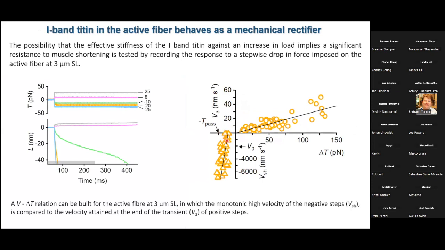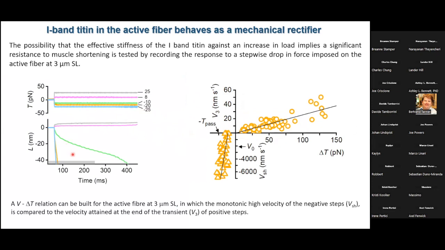Now, whether this active stiffness increase in titin in response to an increasing load implies a resistance to muscle shortening is tested by recording the response to a stepwise drop in force, so a negative force step this time, imposed on the active fiber at 3 micrometer sarcomere length, at which the steady passive force is enough to make this measurement feasible.